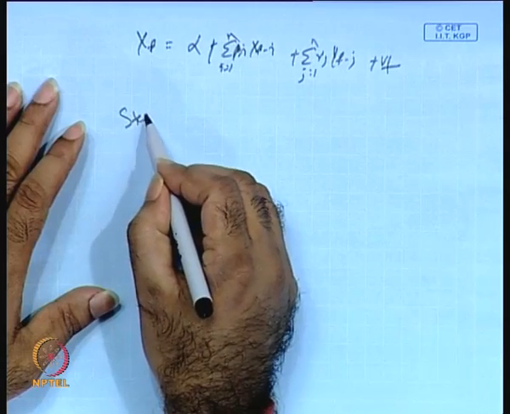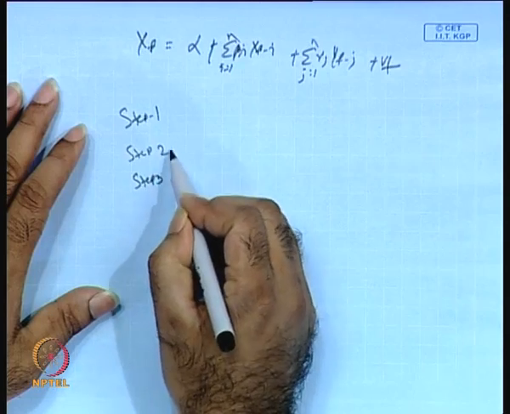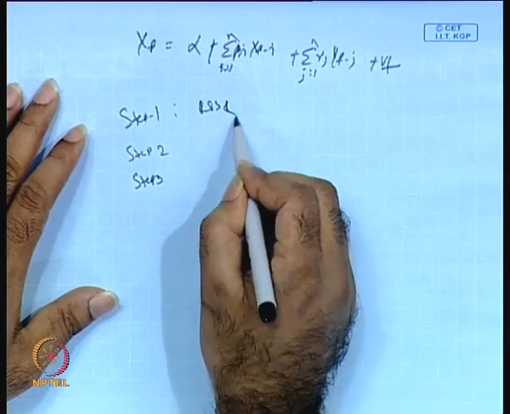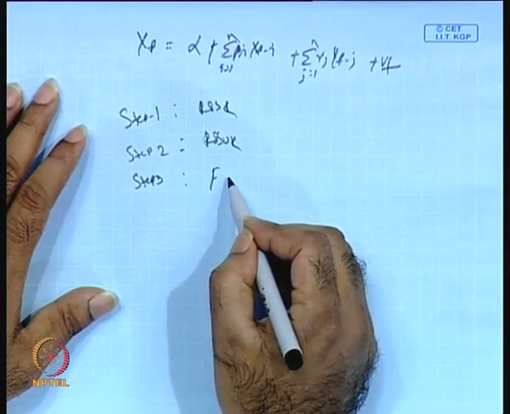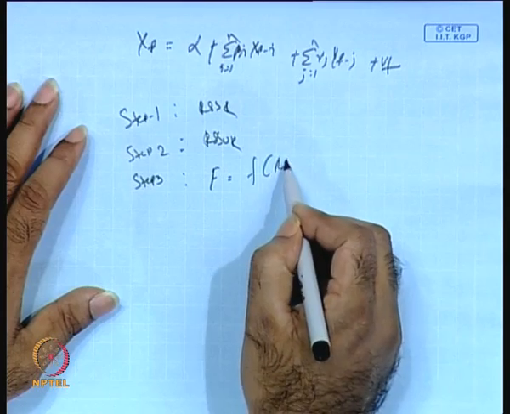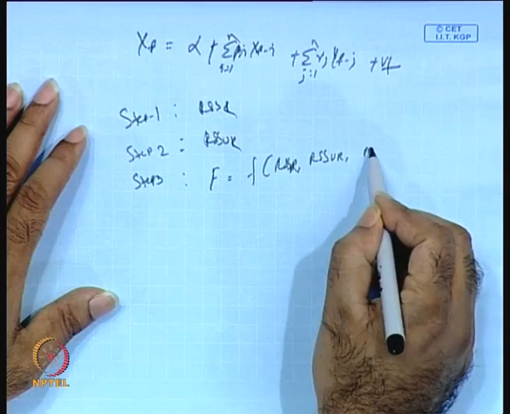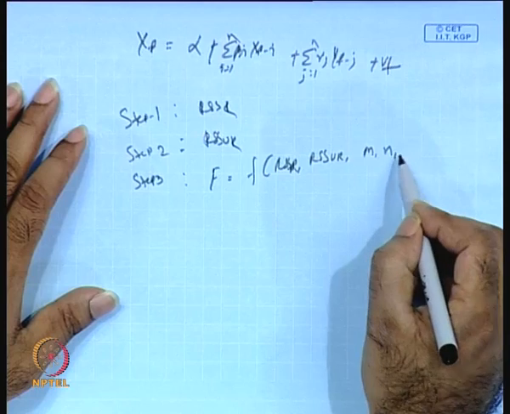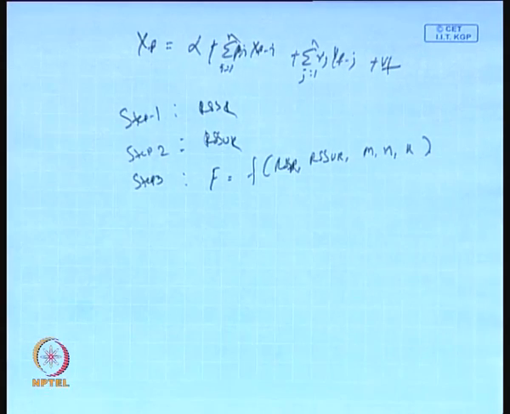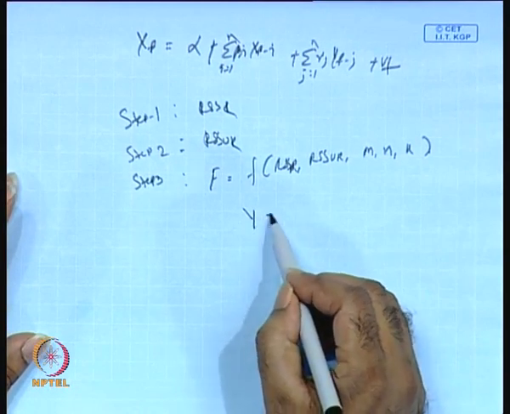Again you follow step 1, step 2, step 3, so that you get RSSR, RSSUR, and the F statistic, which is a function of RSSR, RSSUR, lag length, sample size, and degrees of freedom. This is how you calculate the F statistic. If by any chance it is significant, then you will say y influences x.